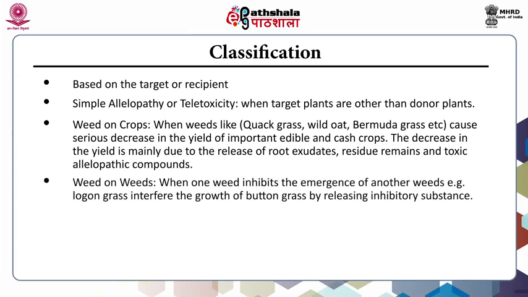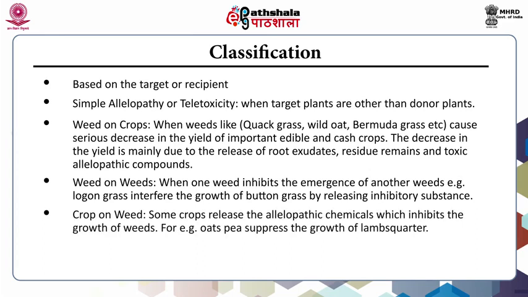Second is weed on weed. When one weed inhibits the emergence of another weed, that is known as weed on weed interference. For example, Lolium grass interferes with the growth of button grass by releasing some inhibitory substances. Third is crop on weed interference.